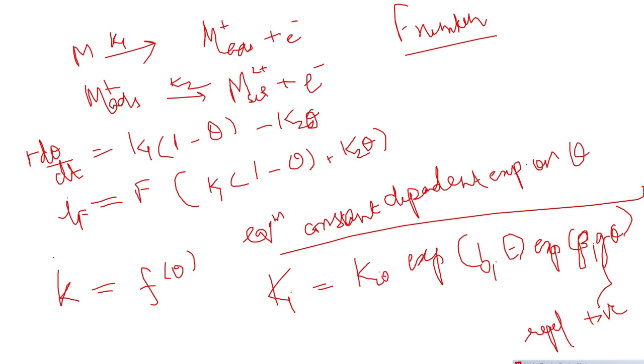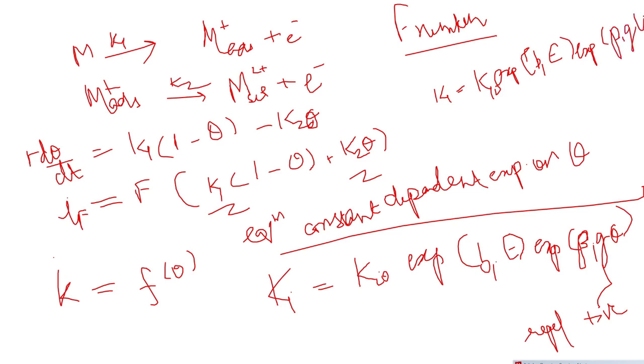For the first step, K1 will be K1 naught exponential of B1 E into exponential of beta 1 G into theta.